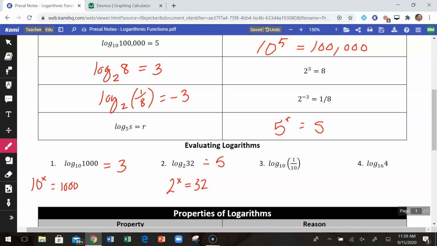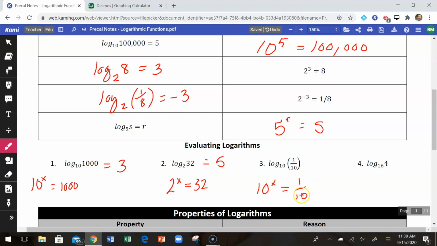Okay, the next two are pretty important in terms of what kind of answer you're going to get. You're going to see these quite often, and we're going to have negatives involved, we're going to have fractions involved. You kind of need to know when to use each one. So what we have is log base 10 of 1/10. So this says 10 to some power is equal to 1/10. So anytime that you're trying to get to a fraction where it's 1 over something, my suggestion would be ignore the fraction.